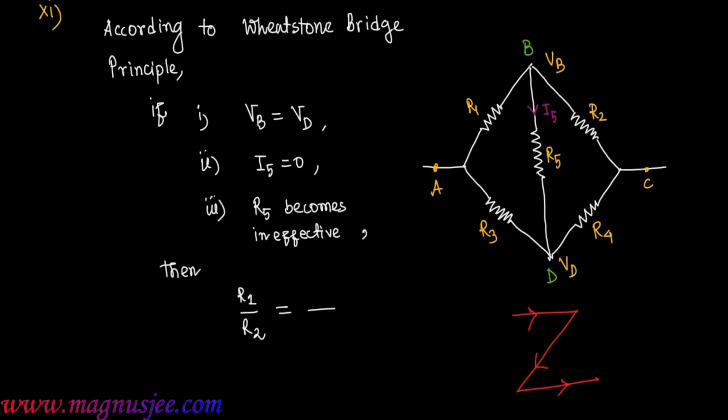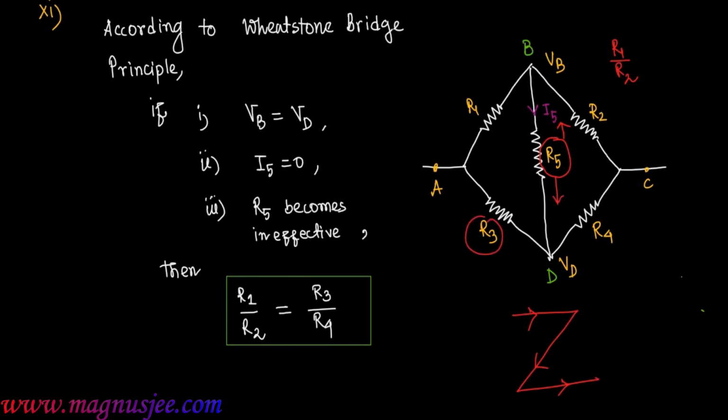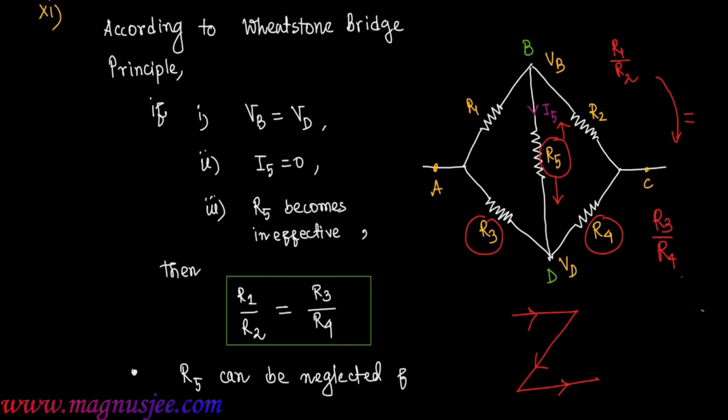Then R1 by R2 will be equal to R3 by R4. If the ratio of the resistances above the middle resistance R5, that is R1 by R2, is equal to the ratio of the resistances below R5, that is R3 by R4, in that case the middle resistance R5 can be neglected.